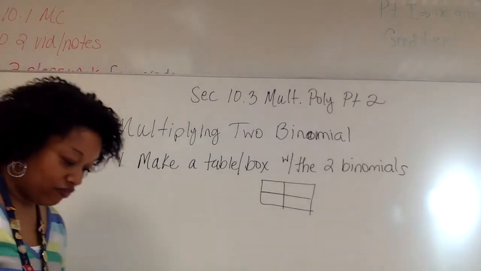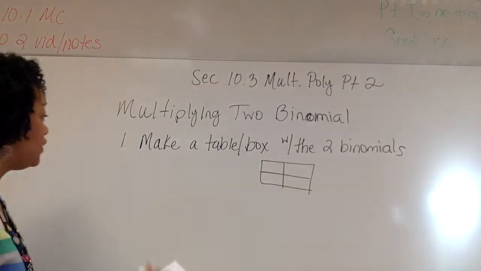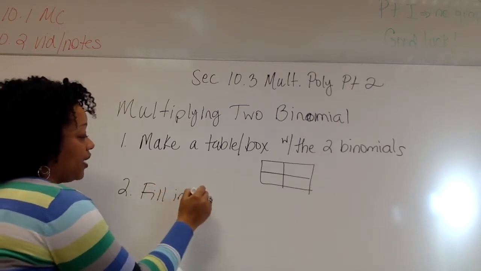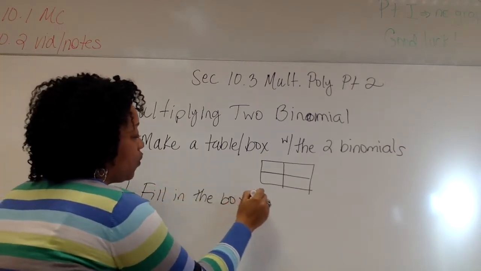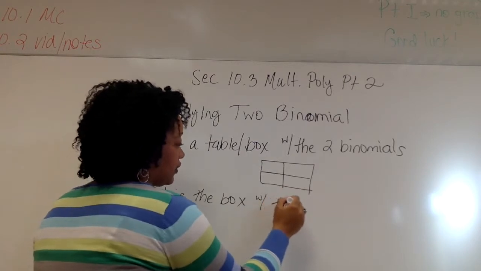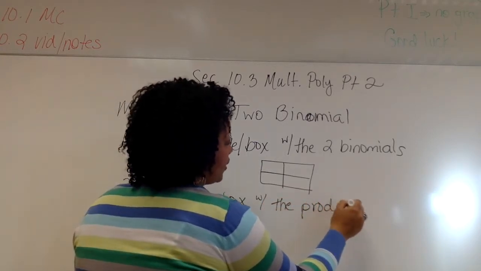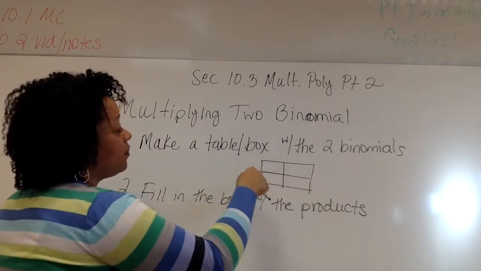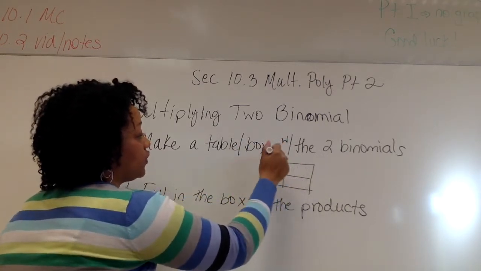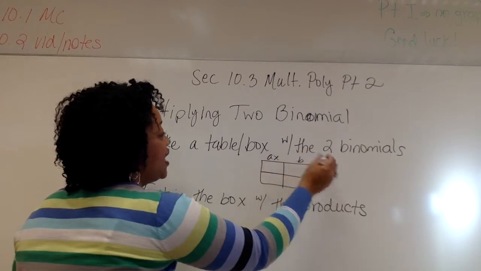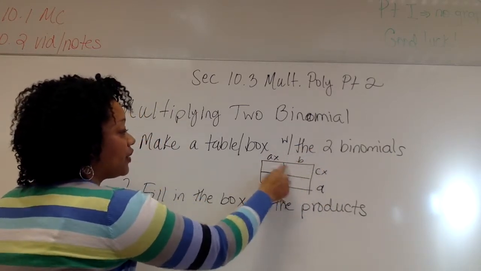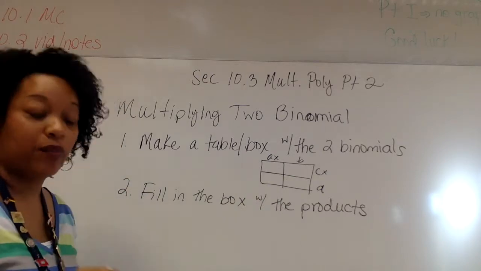All right, second, you're going to fill in the box with the products. Now, when we talk about products, that means we're multiplying. So what's going to happen is when you make your table, you're going to put your terms. So this could be AX plus B, and this would be CX plus D, and you're going to multiply and fill in your table with the products.